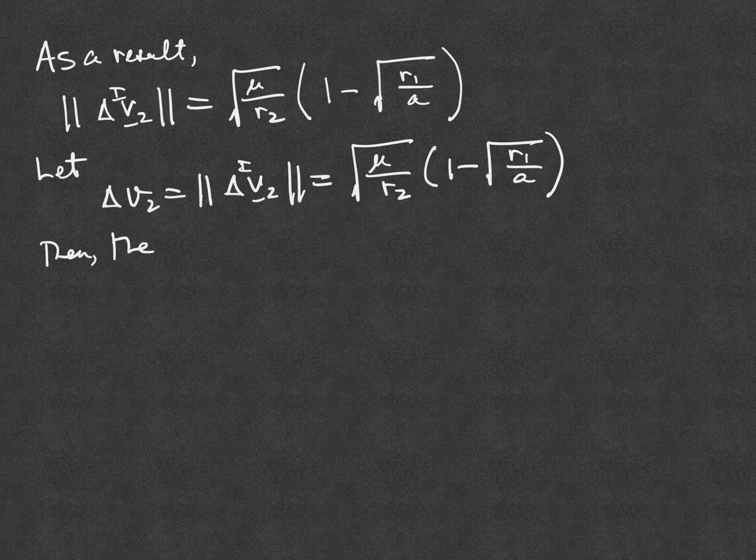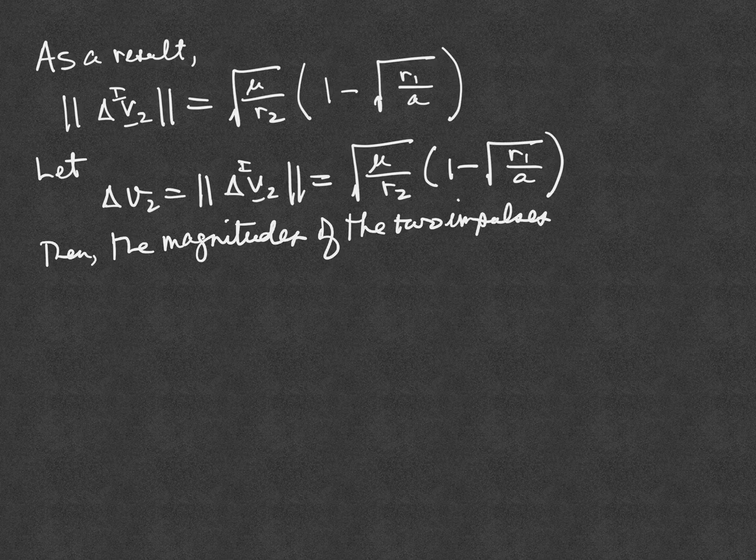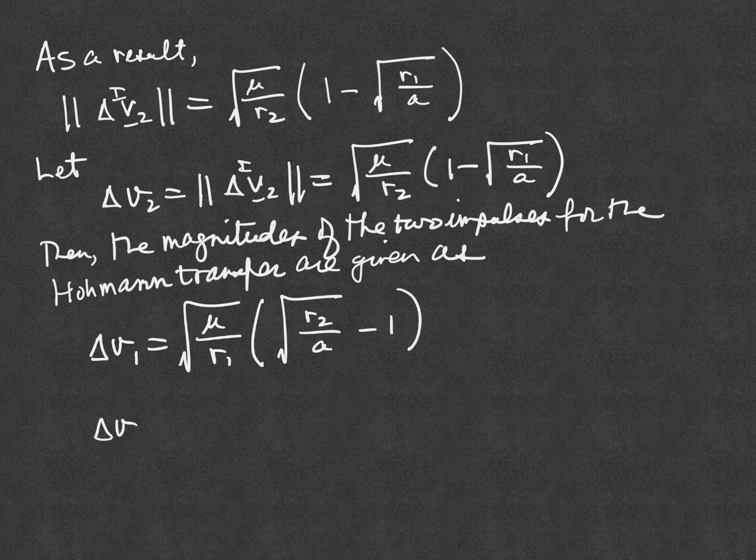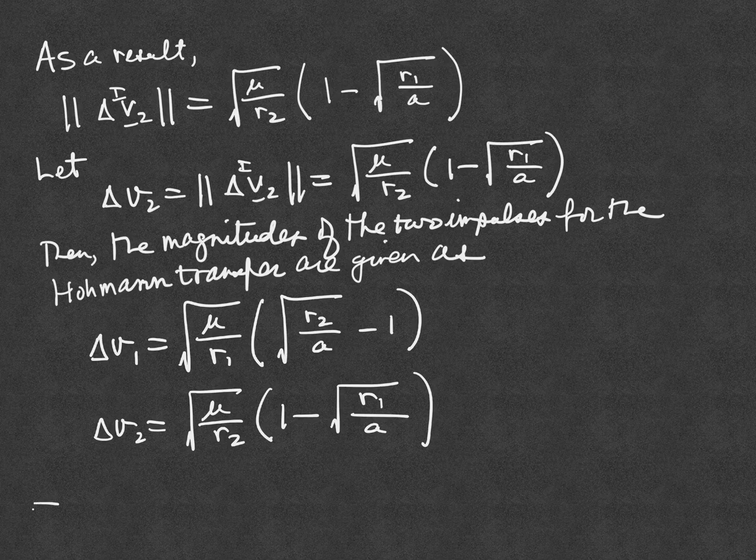So then, the magnitudes of the two impulses for the Hohmann transfer are given as delta V1 is equal to the square root of mu over R1 times the square root of R2 over A minus 1, and delta V2 is equal to the square root of mu over R2 times 1 minus the square root of R1 all divided by A, which implies that delta V for the Hohmann transfer, which is equal to delta V1 plus delta V2, is equal to the sum of these two impulses.